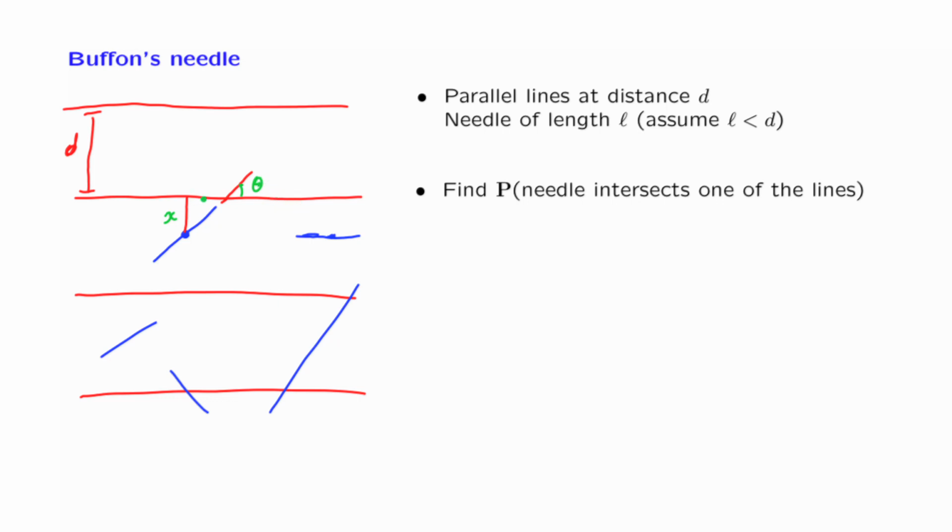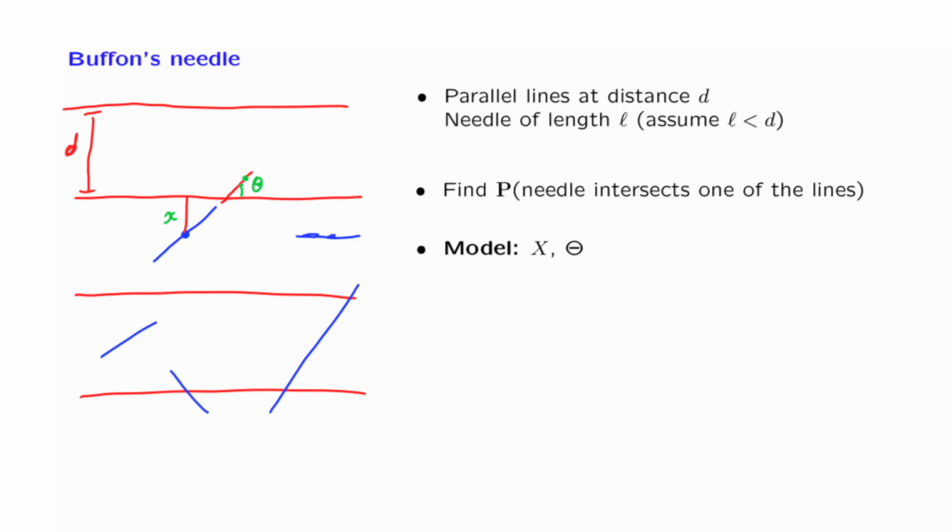So if I tell you x and theta, you know how far away the needle is from the nearest line and at what angle it is. It looks like these are two useful variables to describe the outcome of the experiment, so let us try working with these. So our model is going to involve two random variables defined the way we discussed it just now.